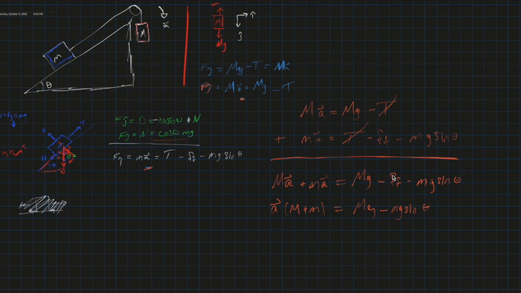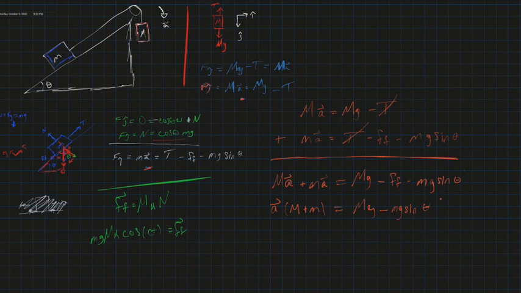Now, what is the force of friction? We talked about that earlier. We're going to get that the force of friction is equal to mu, well, it's moving, kinetic, times the normal. And we solved for the normal over here. So we're going to get mu k cosine of theta times mg equals the force of friction. Now we can substitute that in over here.